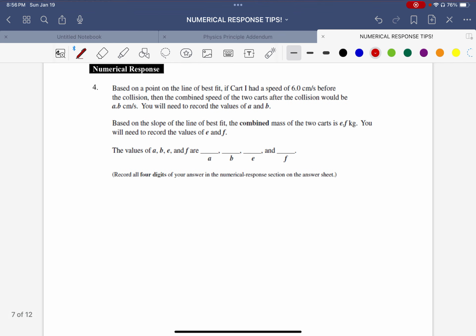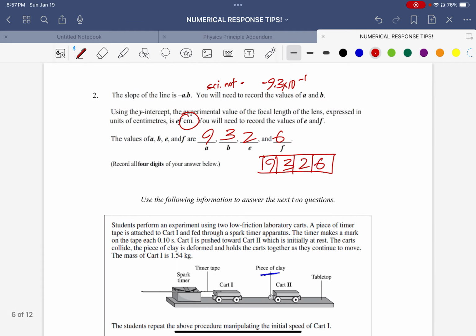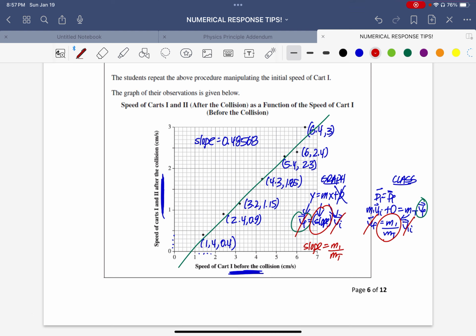And 4 says, based on a point on the line of best fit, cart 1 has a speed of 6 centimeters per second before the collision. Then the combined speed after the collision would be what? Let's do our equation from the graph. VF is equal to the slope times VI.